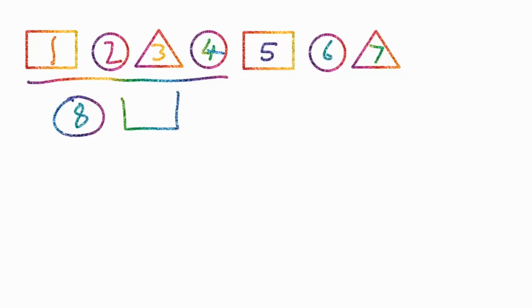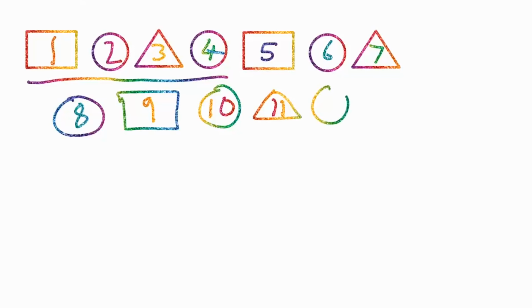So the ninth shape is a rectangle. The 10th shape is a circle. The 11th shape is a triangle. And finally, our 12th shape is a circle. So our answer here is a circle.